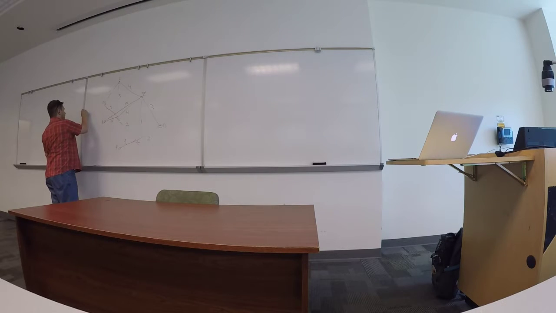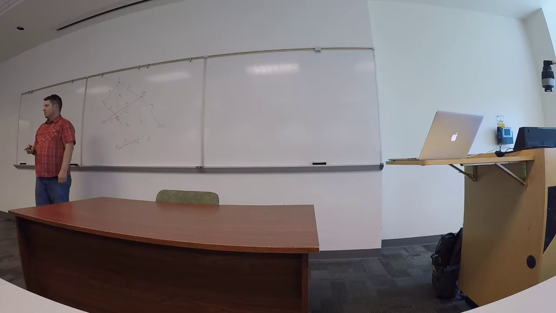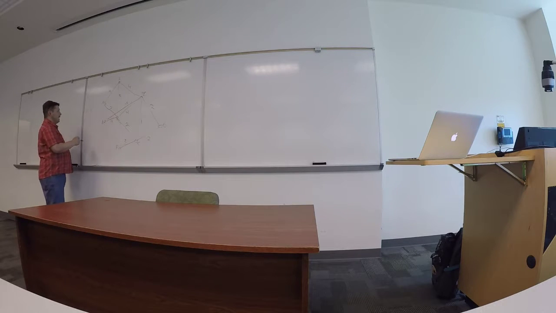Well, we have some information. A to itself is 0. And A also knows that it is connected to B and E, and that's it.